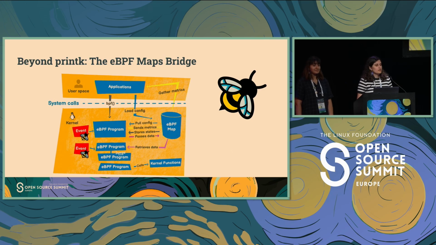And in the user space world, we have some application that can gather metrics from this map, and they can pull the summarized data, not a raw firehose of events. This map-based communication is what makes eBPF so powerful, so we can build sophisticated and high-performance observability tools.